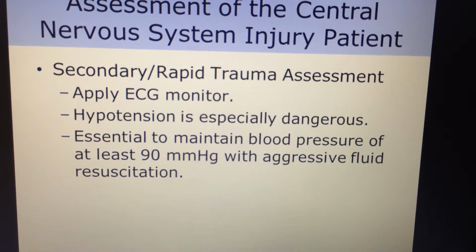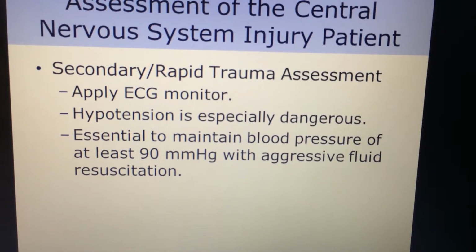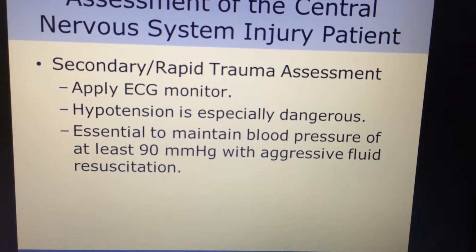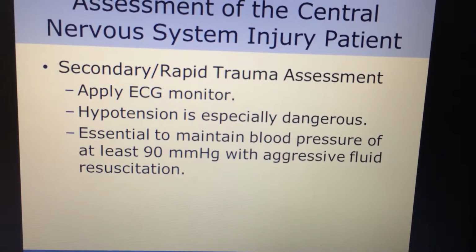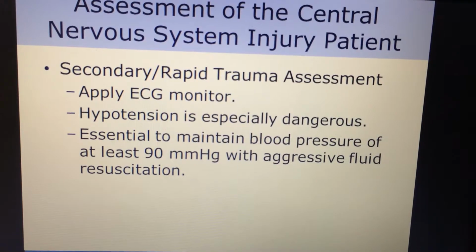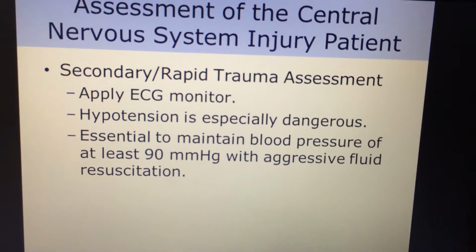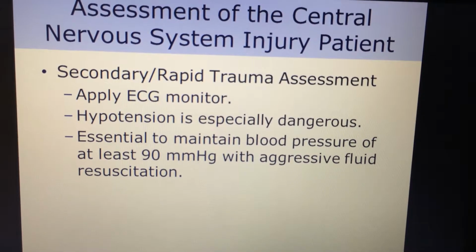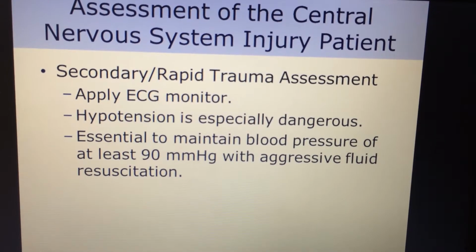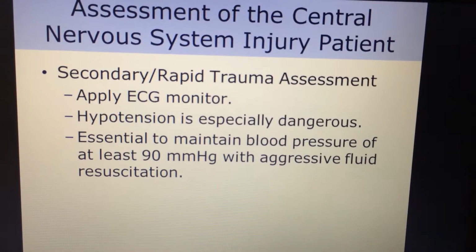Anytime we're doing the rapid trauma assessment and we're dealing with trauma patients, our big thing we're worried about is being hypotensive. One of the main things we want to do is maintain blood pressure with fluid, and we want to titrate that to at least 90 millimeters of mercury with aggressive fluid resuscitation.